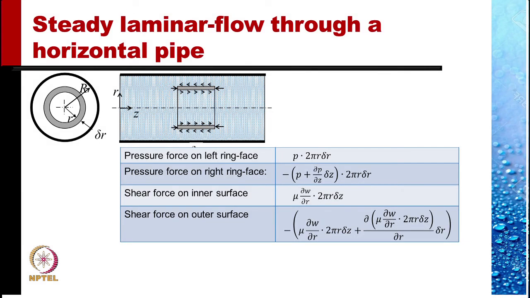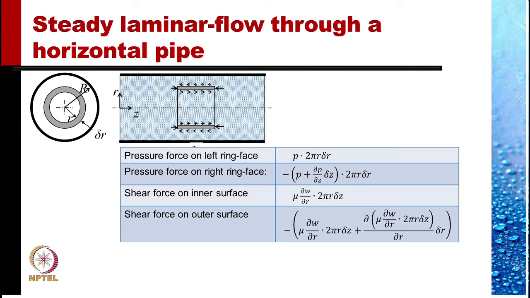So we write the forces. The pressure force on the left ring face would be the pressure at that location P times the area of that ring, which is 2 pi r delta r. The pressure force on the right ring face is negative and is obtained using the Taylor series expansion of the above result in the z direction.